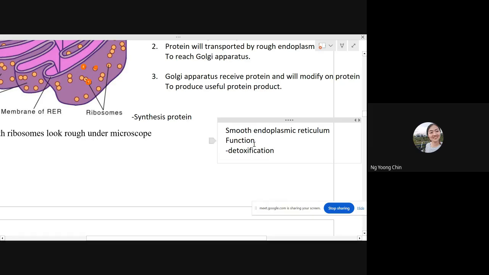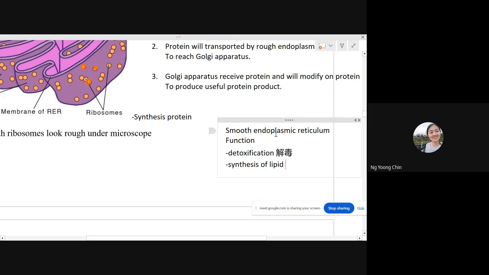Detoxification means removing the toxin, 解毒 in Chinese. And also they help in the synthesis of lipid. So those are the two major functions of the smooth endoplasmic reticulum.